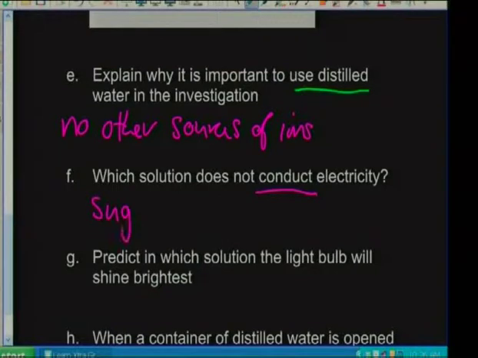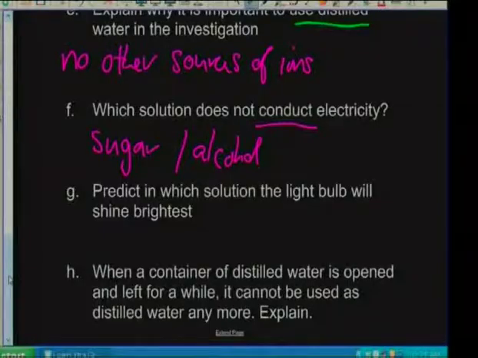The sugar certainly doesn't form ions, not going to conduct, and the alcohol will also not be a conductor. The alcohol might have some small positive and negative ions in it. It's very few of them for some very important reasons. We're not going to go into it.